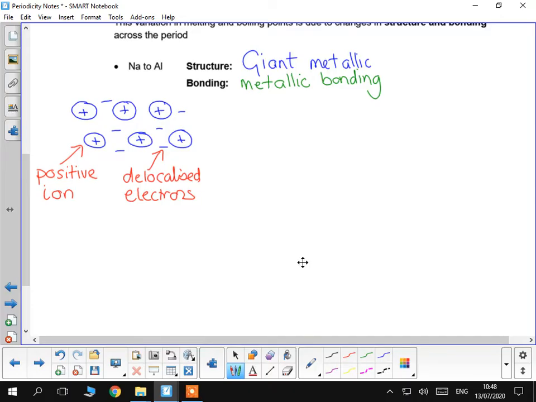So with sodium we have a Na+, so we have a positive charge, whereas with aluminium we have a larger charge, we have 3+ on there. Therefore the charge on the ion increases, also the number of delocalized electrons increases, making that metallic bond much stronger. If it's much stronger, it's going to take more energy to break.